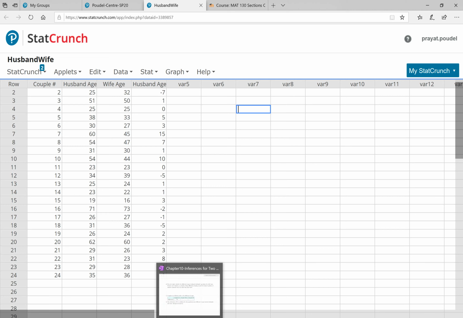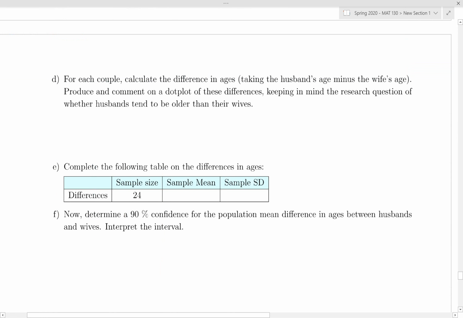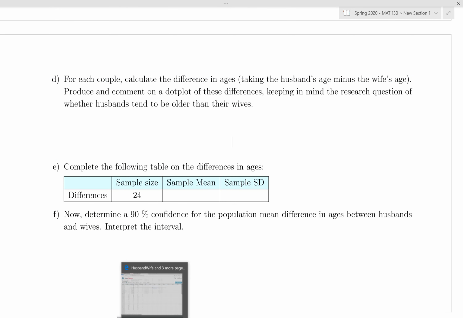Now that we have this here, what we would like to do is go ahead and compute the sample mean and the sample standard deviation for the difference. All right, and wouldn't it be nice if we already had a column in StatCrunch where we had computed the differences in the husband's and wife's age?